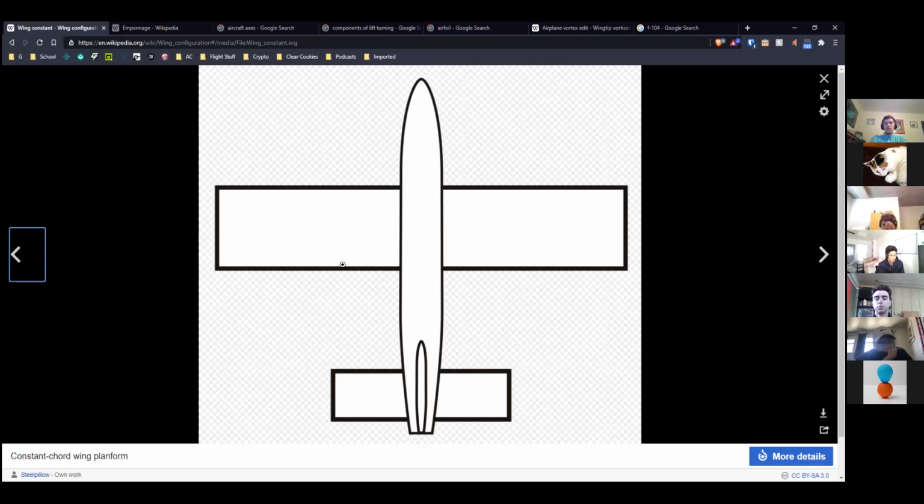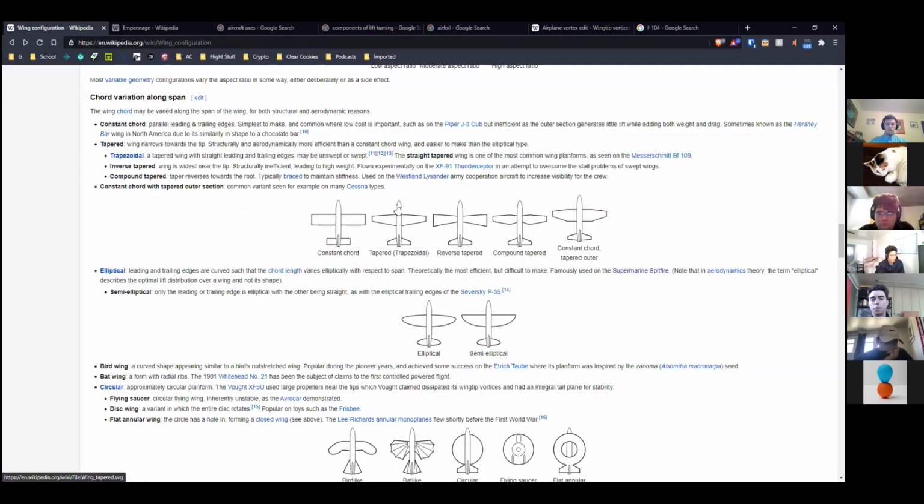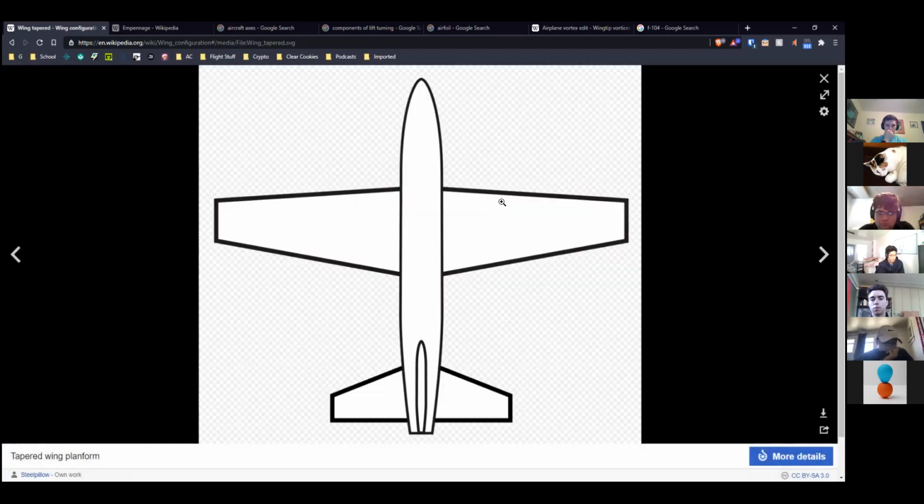And so it would be better if the root of the wing stalled before the tip, and you can force that to happen by making the root of the wing thicker than the tip. And if you taper it correctly, then you can either make the whole wing stall basically at the same time, or you can make the inside stall first, which means your ailerons are more effective for longer. And as far as I remember, it doesn't really have a major performance impact because you just keep the same area. So it's not like you're just cutting off sections of your wing area.